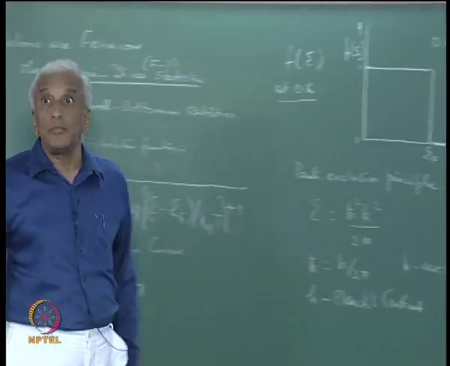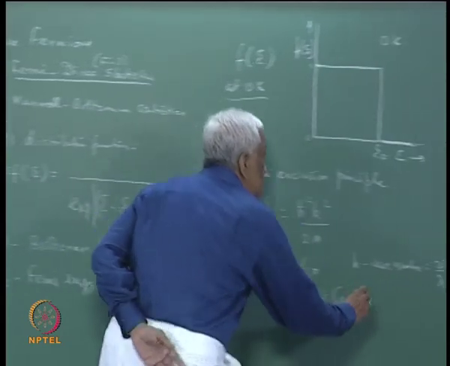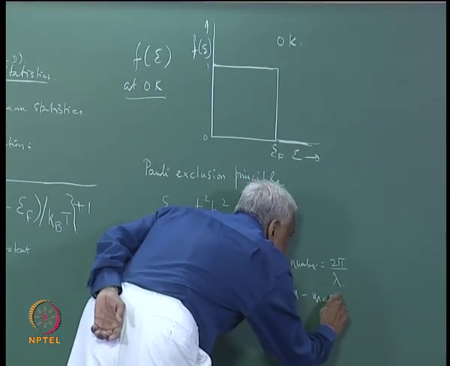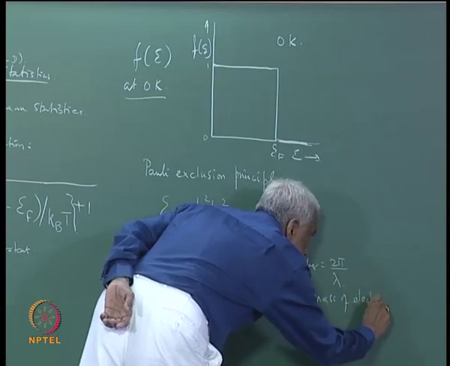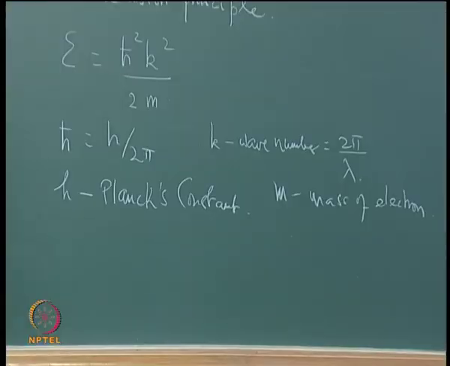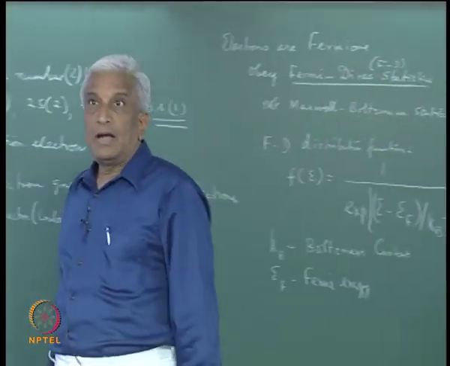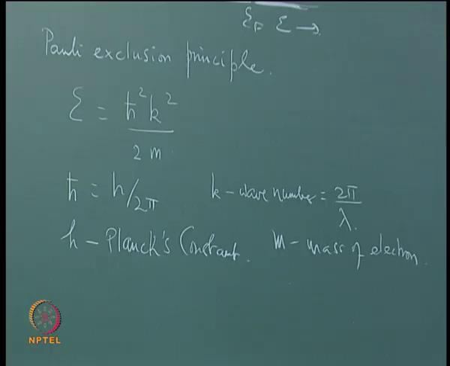We already talked about λ as the de Broglie wavelength, and m is the mass of the electron. So, the energies of the electron in these states are given by the wave vector k, and this is just the kinetic energy ħ²k²/2m.